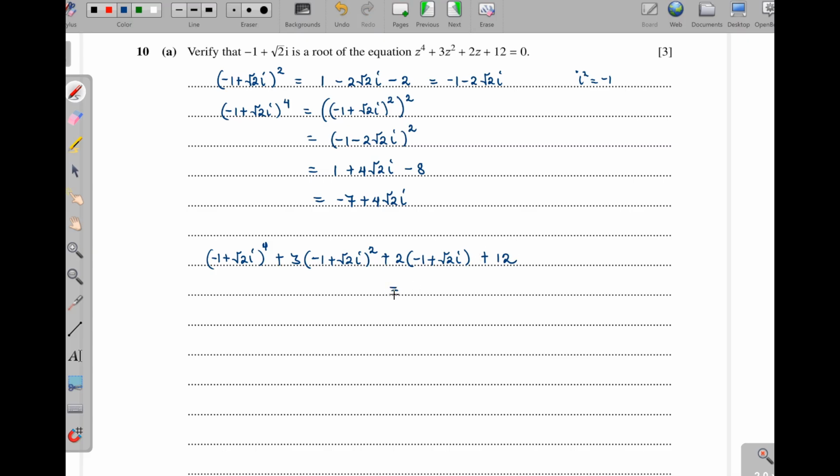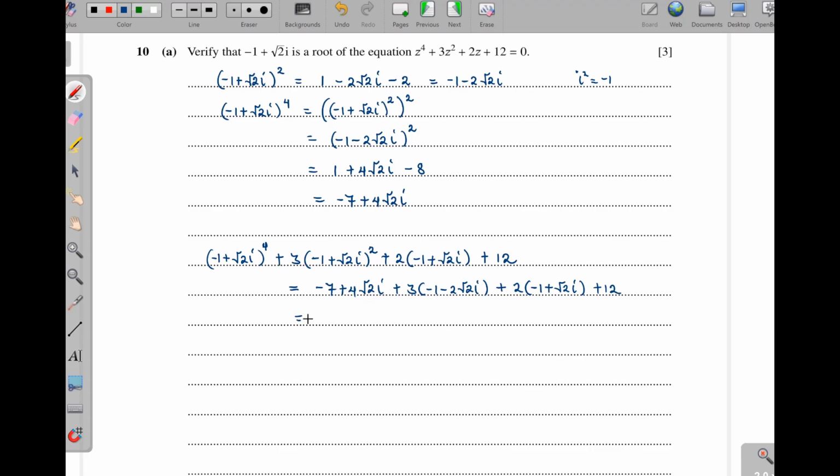So this one gives us what? What we got here is here. So we put negative 7, then plus 4 root 2i. Then here we are having a 3 multiplying with this one squared. We got it here. So we have negative 1, then minus 2 root 2i, and then plus the 2 times negative 1 plus root of 2i, then plus the 12.